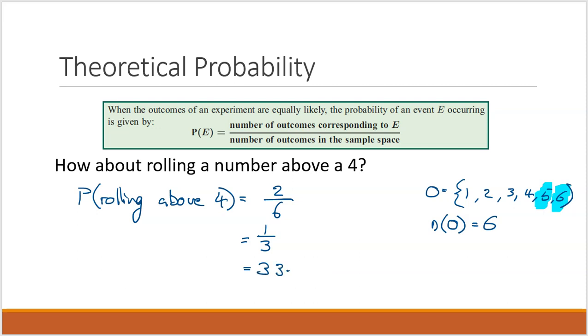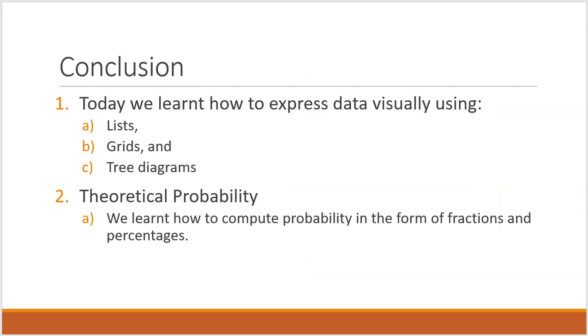It's 33.3%. Perhaps I should have used my calculator. So going back, what is the likelihood of rolling a number above 4? Well, the probability of rolling above 4 equals 2 in 6, or 1 in 3, or 33.3%. Not too bad.